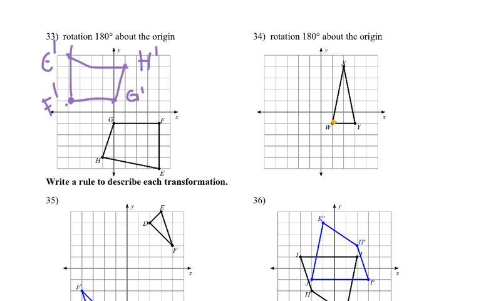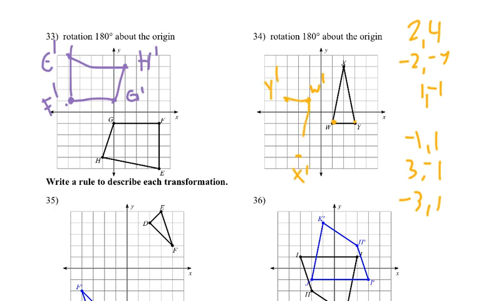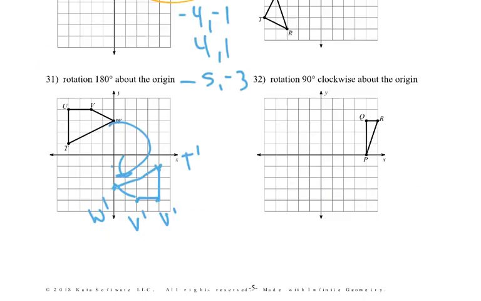So W is 1, negative 1, so it becomes negative 1, 1. So there's W prime. Y is 3, negative 1, becomes negative 3, positive 1. And X is 2, 4, becomes negative 2, negative 4. And there's X prime and Y prime. Two ways to do it.